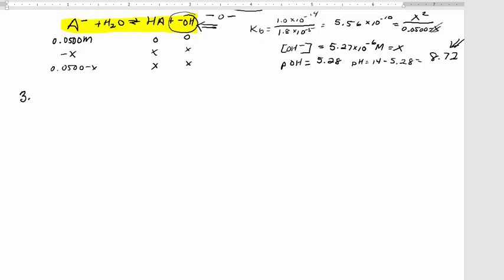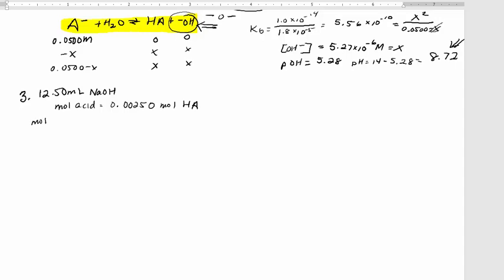What about before the equivalence point? Well, I'm told to calculate after I have added 12.50 milliliters of sodium hydroxide. So we need to analyze our moles. My moles of acid are 0.0025, and I found that above by taking the volume of the acid, multiplying that by the molarity. So this is my moles of acid.